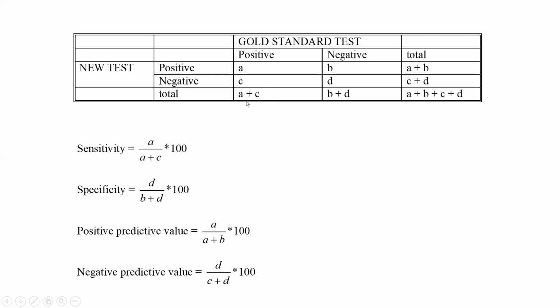A plus C total positive cases are there. The screening test has identified only A amount of people as positive. So the sensitivity is A divided by A plus C. So out of the true positive people, the screening test has identified A amount of people as positive. We make this a percentage ultimately.